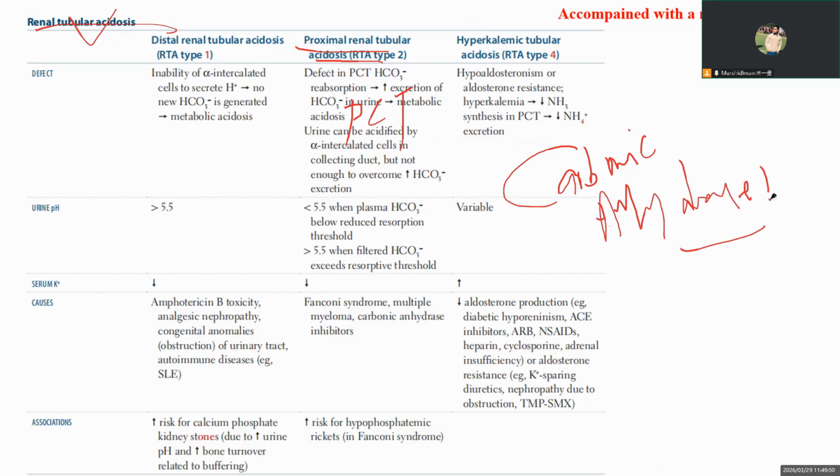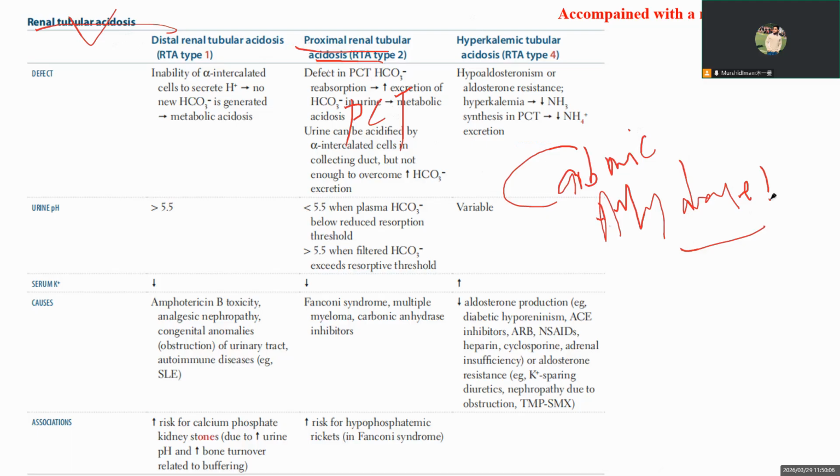You will also learn that in nephron transport physiology. Under normal conditions, what happens? The PCT is incredibly efficient. If your blood bicarbonate is normal, the PCT reclaims almost all of it, and virtually no bicarbonate appears in the urine.